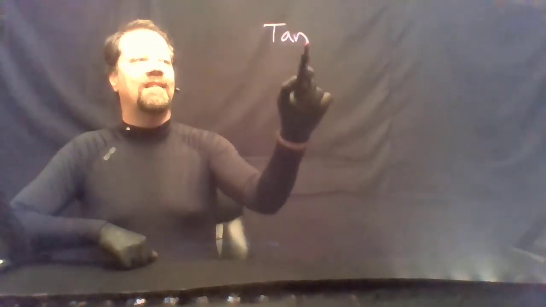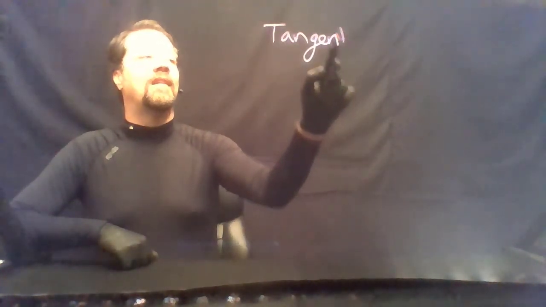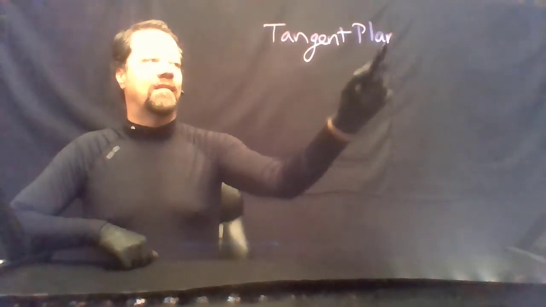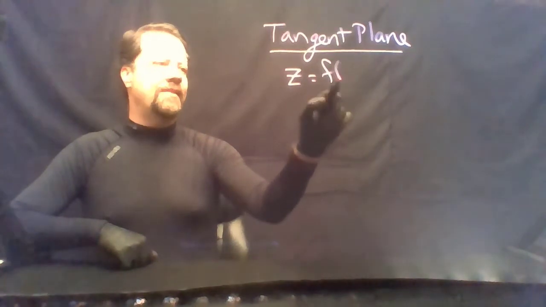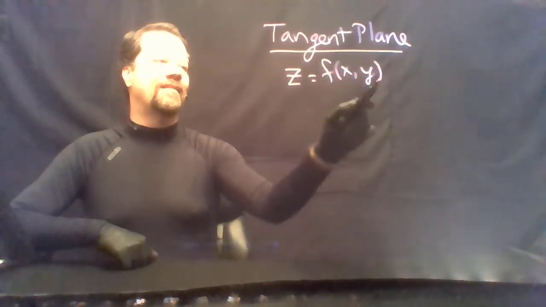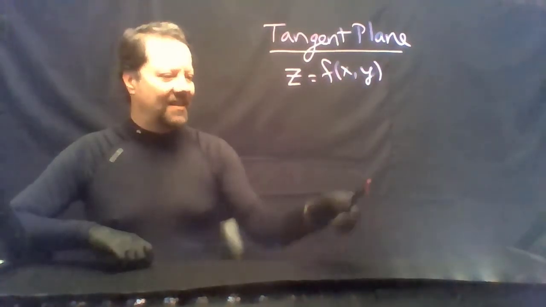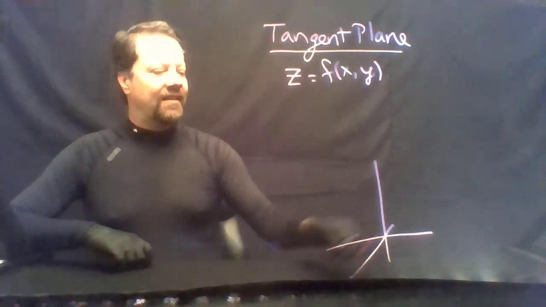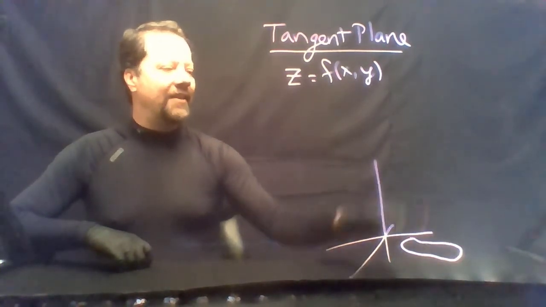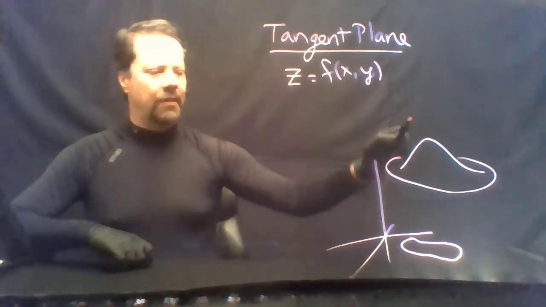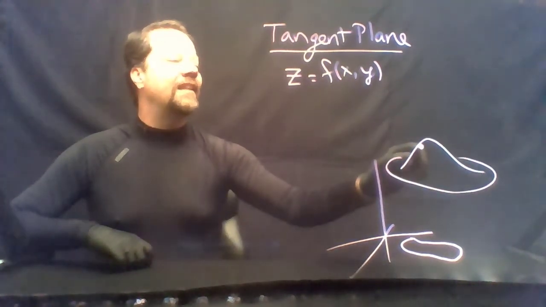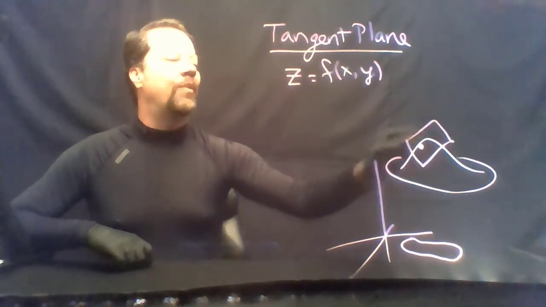I'd like to talk about the tangent plane in the context of surfaces of the form z is a function of x and y. Suppose I have some domain down here, and some surface results above that. I'm going to draw a little big, because I want to look at the tangent plane at some point.